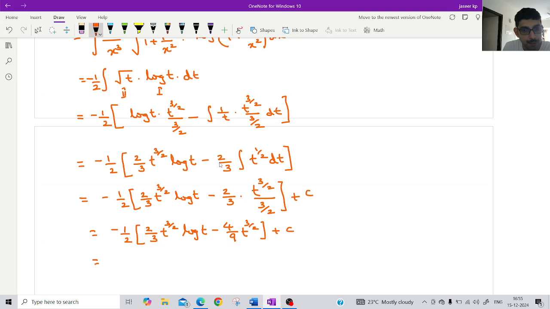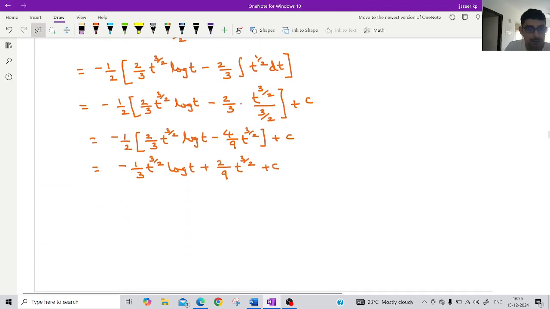So now taking minus half inside, it will become minus 1 by 3 t to the power 3 by 2 log t, then plus 2 by 9 t to the power 3 by 2 plus c. So t to the power 3 by 2 is common, so t to the power 3 by 2, then 2 by 9 minus 1 by 3 log t plus c.